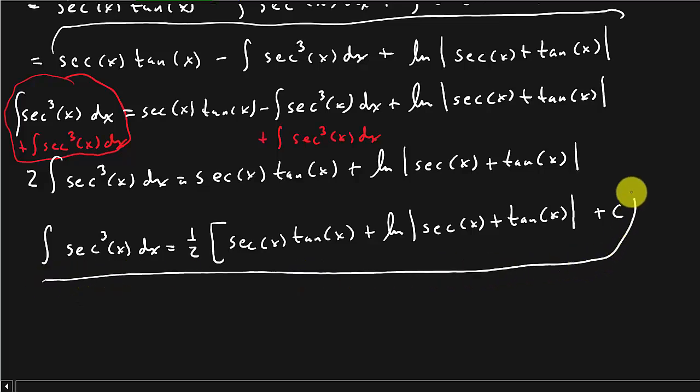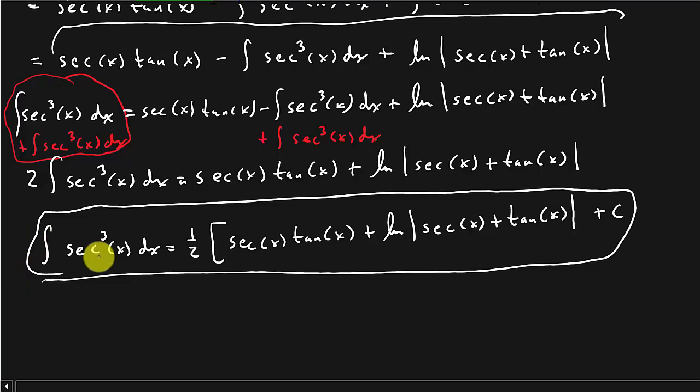And this is your answer. And I guess if you wanted to, you could distribute that 1/2. You can just leave it like that. I mean, it's quite a bit of work. But yeah, that's how you integrate secant cubed x.